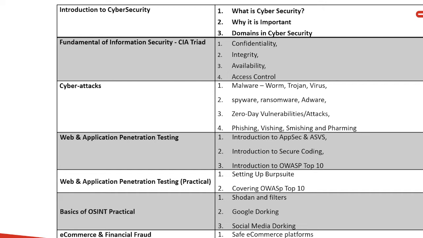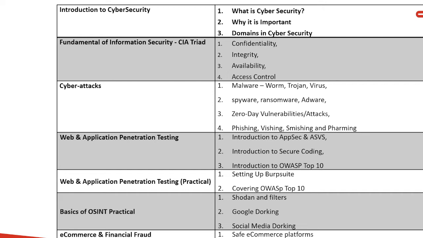A very important and key component of maintaining confidentiality, and please give a little attention to this line, is making sure that people without proper authorization are prevented from accessing assets which are important to your business, data which is important to your business, resources which are important to your business.